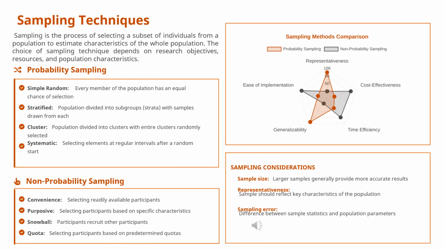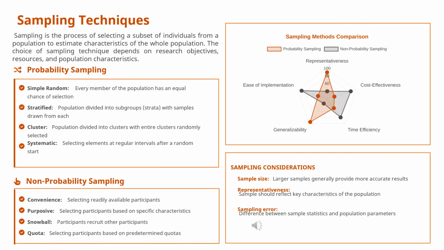And here we have two main categories of sampling. We have the probability sampling and we have the non-probability sampling. So let's take them one at a time. Look at probability sampling. Probability sampling ensures that every member of the population has a known non-zero chance of being selected, which is essential for statistical inference.